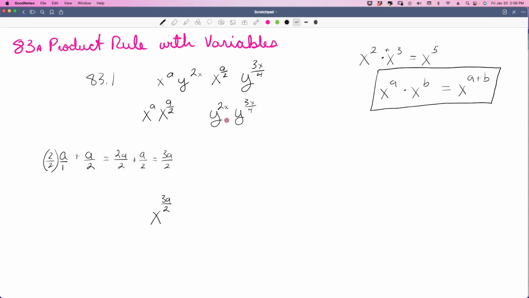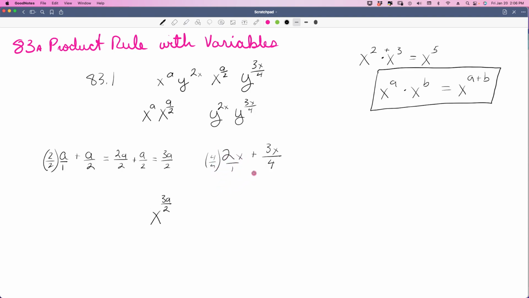I'm going to do the same thing for y. I'm going to take the exponents and I'm going to put them in a problem of their own. I'm going to say 2x plus 3x over 4. So all I need to do is give this term the same denominator. So I'm going to multiply 4 over 4 times 2x over 1.